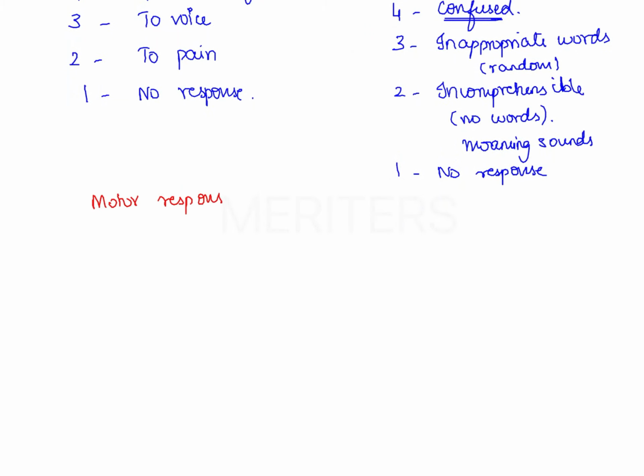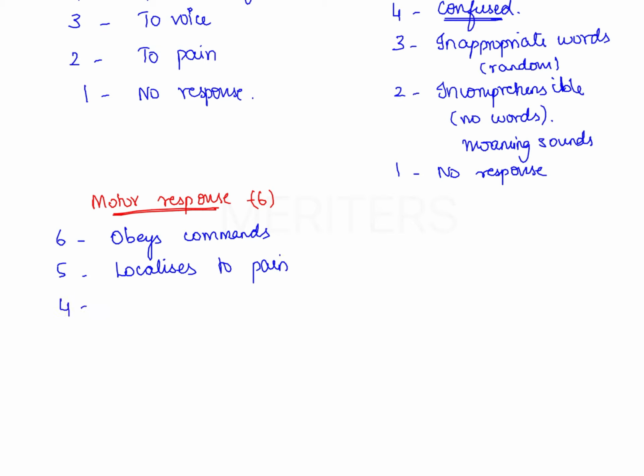The last parameter is to assess the motor response of the patient. This includes 6 scores starting from 6, which simply means that the patient obeys the commands given. Score 5 indicates that the patient is able to localize to the pain. Score 4 indicates that the patient shows a withdrawal response to the pain.